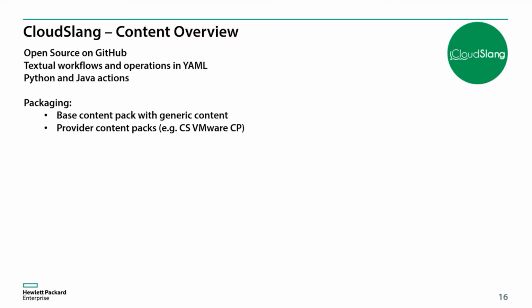I think it's important for you to understand that we came up with a packaging model. It's similar to what we had with AFL. We'll provide a base content pack with generic content as we are used to having. And then we decided to split into provider content packs. For instance, if you are doing VMware or Microsoft Azure content, we want to release it as content packs.